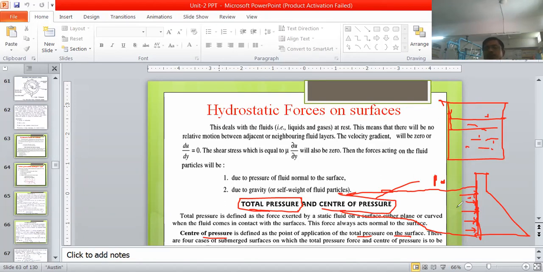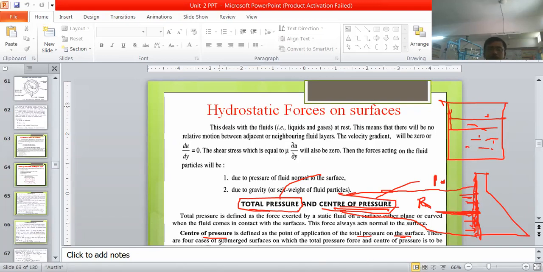Here we find the total pressure acting on this dam body, but at which point is it acting? That point is nothing but the center of pressure, and there the resultant force, capital R, is the resultant of all these forces acting on the dam body. The point at which this total pressure is acting is called the center of pressure. So we can define the center of pressure as the point of application of the total pressure on this particular surface.